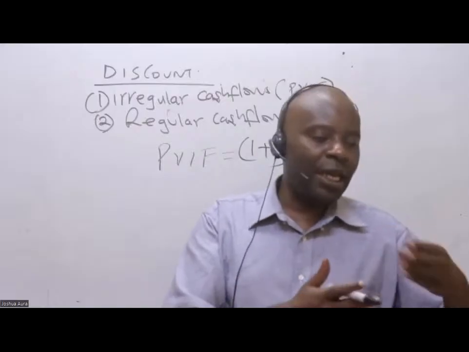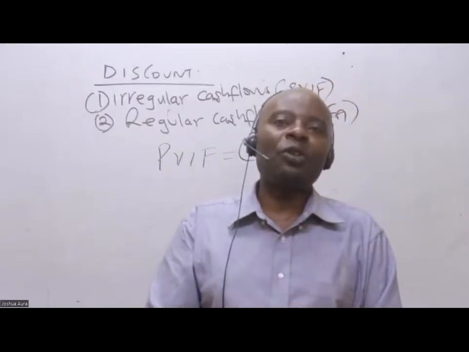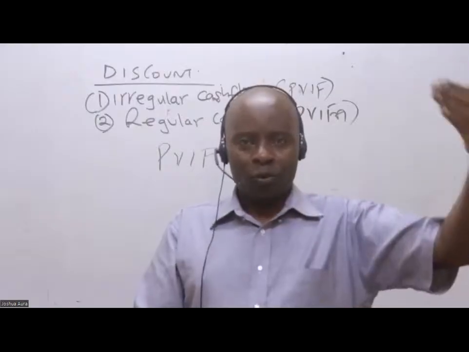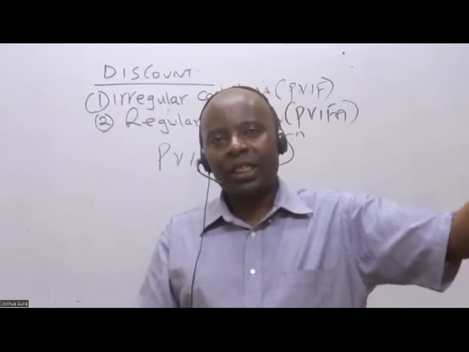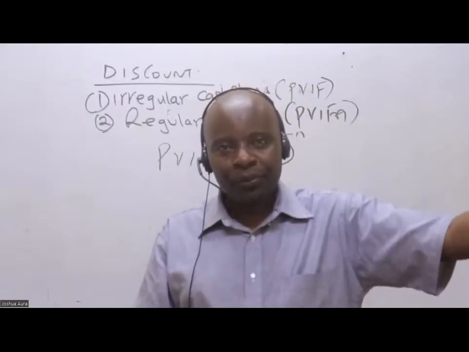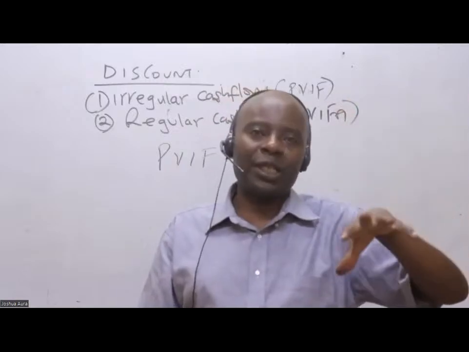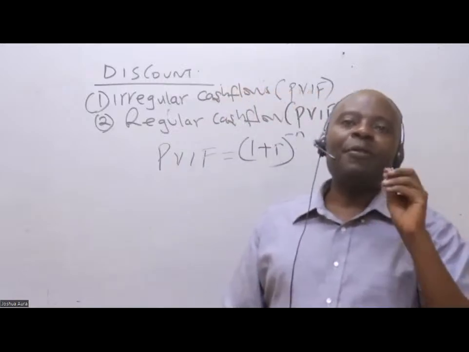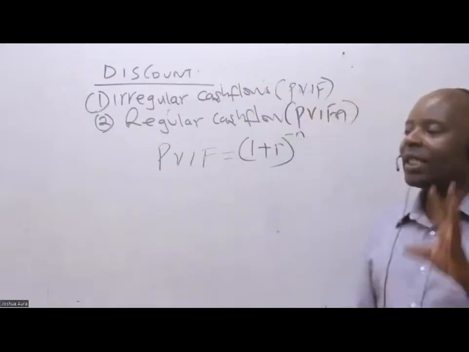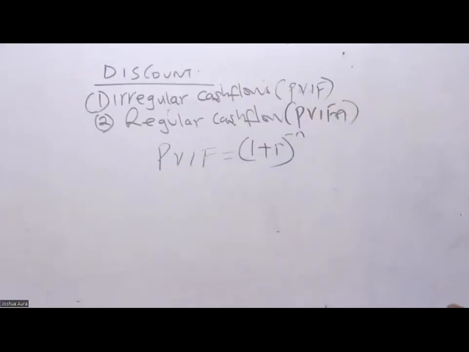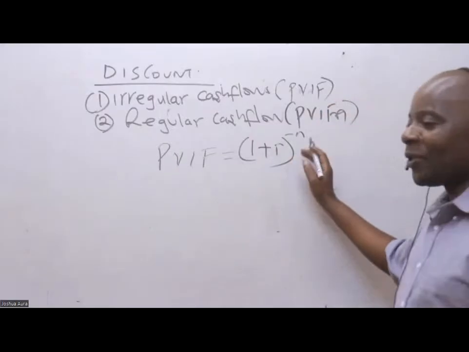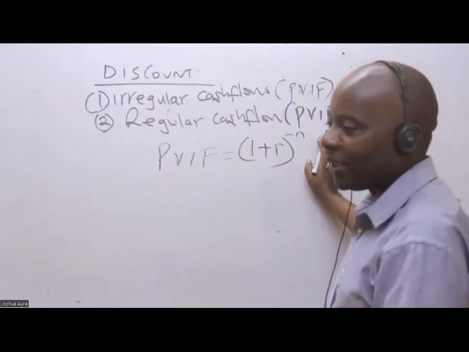You cannot see anything uniform there. It becomes uniform if it's 1 million year one, 1 million year two, 1 million year three. But when it's a lump sum or fluctuating, then we use PVIF to discount such cash flows. So under PVIF, it is 1 plus R raised to negative N, like that.